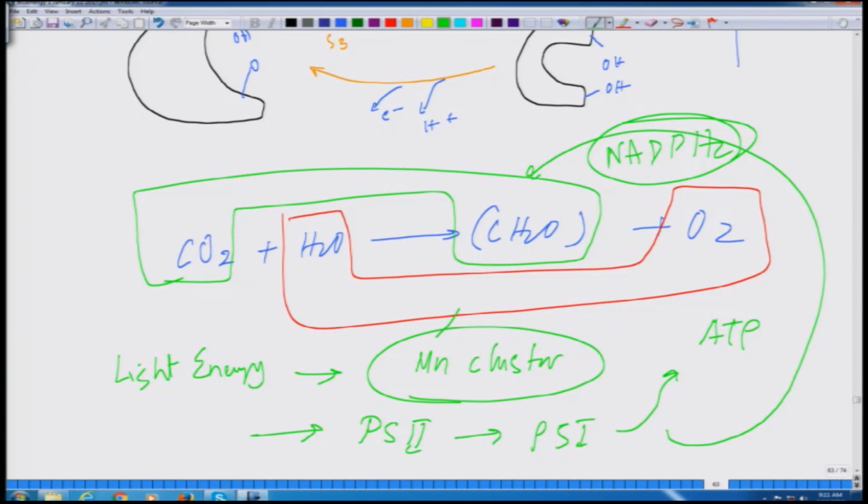Okay. So, we will close here with this overall background of the light reaction, and our tailpiece will be to talk about the dark reaction, where we will talk about how carbon dioxide is fixed.